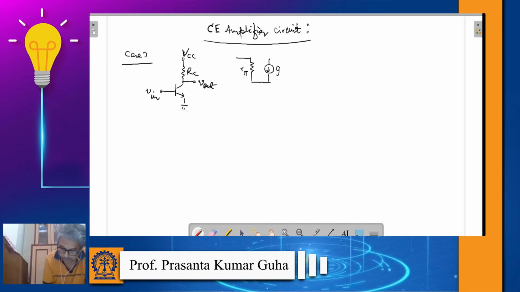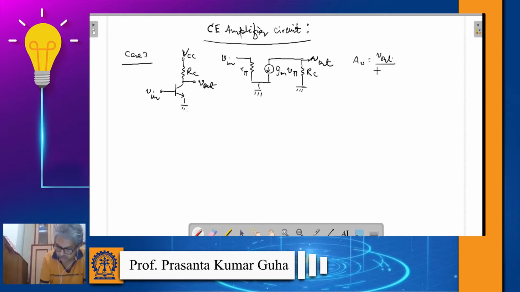This was R pi, this was GMV pi, and the emitter is grounded, and there is RC resistance, which is again AC grounded through that DC VCC voltage, right? So this was the small signal circuit of this common emitter amplifier.